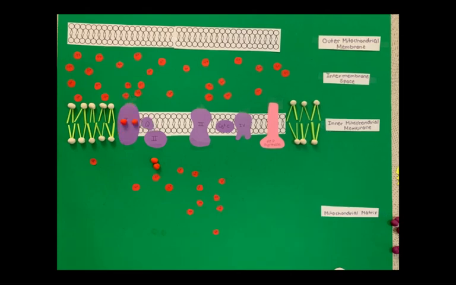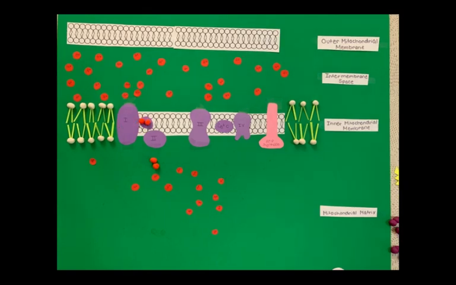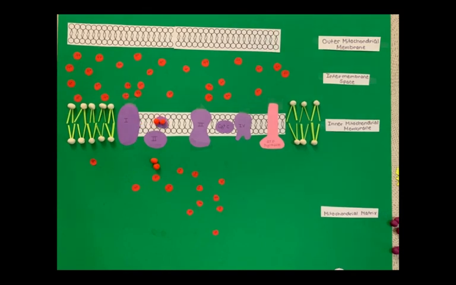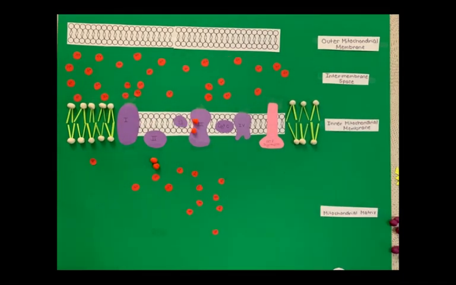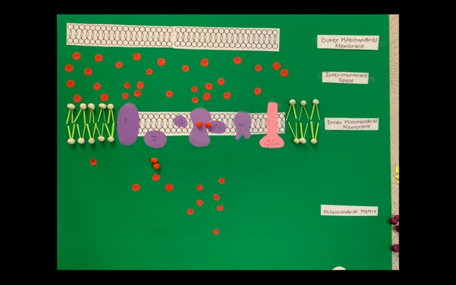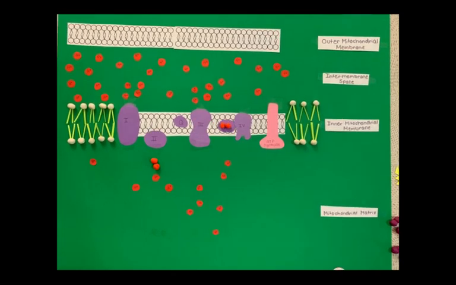So we're going to see that those electrons are going to pump hydrogen ions through the first embedded protein, and then they're going to hop on coenzyme Q, which is going to act like a little shuttle to bring them to the third embedded protein, where 2 more H plus ions are going to be pumped across the membrane. Then they're going to hop on cytochrome C, where they're going to go to the fourth embedded protein, and more hydrogens are going to be pumped.